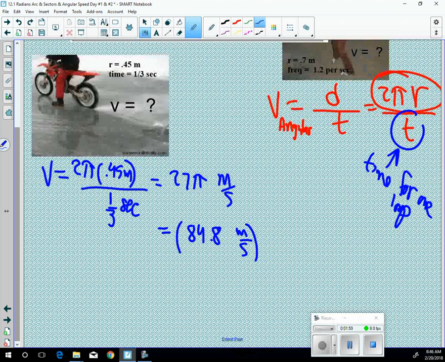Now we're going to turn this into miles per hour. And the way we do that is there are 3,600 seconds in 1 hour. Do you agree with that? There are 3.3 feet in 1 meter. And how many feet in a mile?